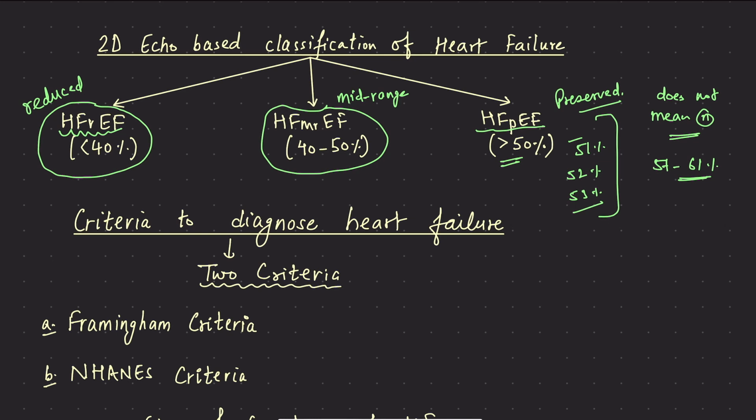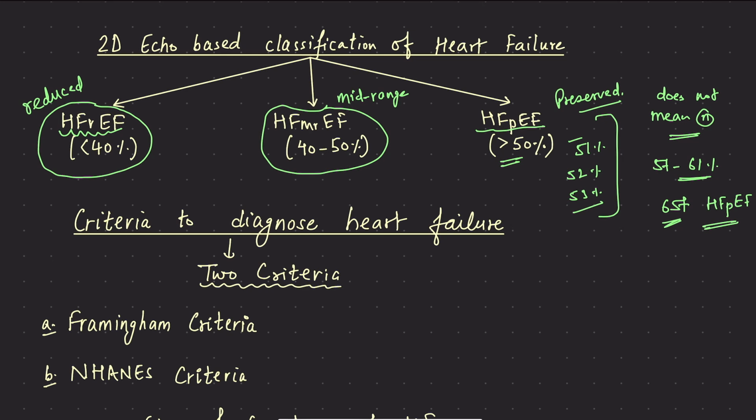Even patients with an ejection fraction of 65% can have HFpEF. That is the short form. There are other criteria to diagnose HFpEF, but I want to emphasize that ejection fraction more than 50% with signs and symptoms of heart failure is basically HFpEF. That is the 2D echo classification.